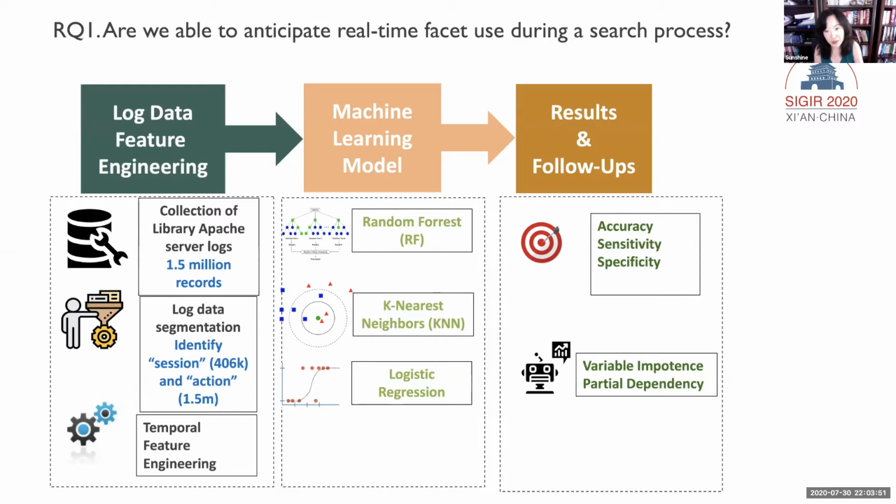At last, we check the accuracy, sensitivity, and specificity of the machine learning models. We also do some post hoc analysis, like checking the variable importance in the prediction, and also partial dependency. The important thing is that the target variable we want to predict is the time point at which a user will use a facet based on his previous actions in the same session. That's our goal.